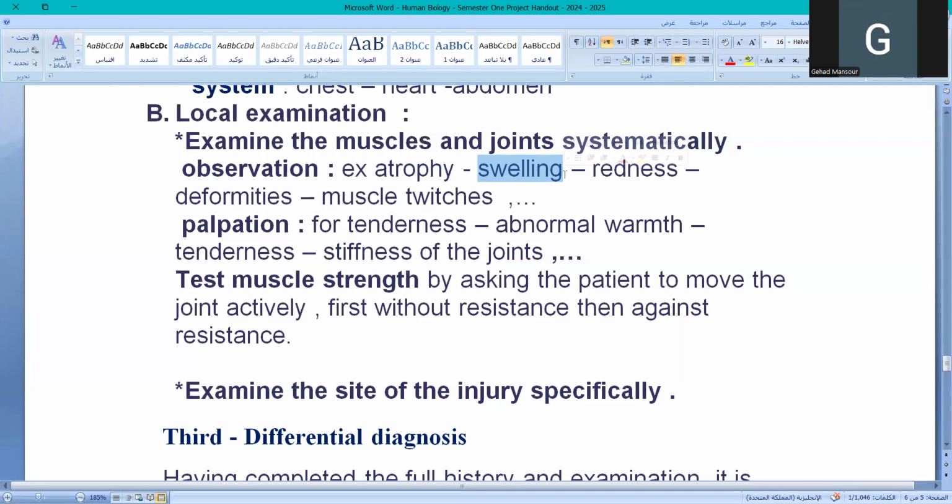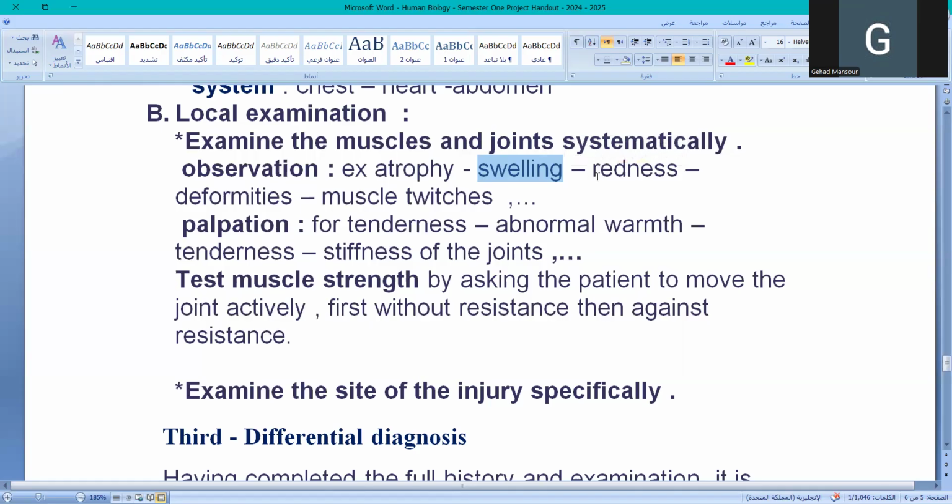So comparison in such a case is good. You can also, during palpation, measure using a tape. You can measure the circumference of the muscles of the legs and see that one limb is atrophic. One limb has a smaller circumference than the other.